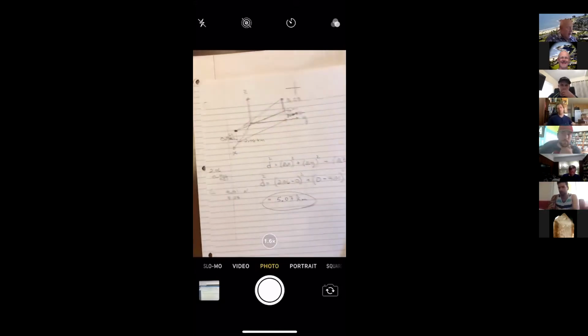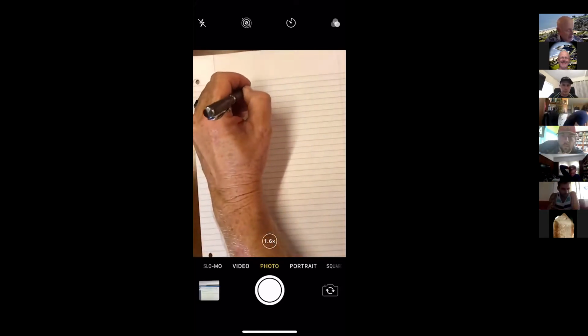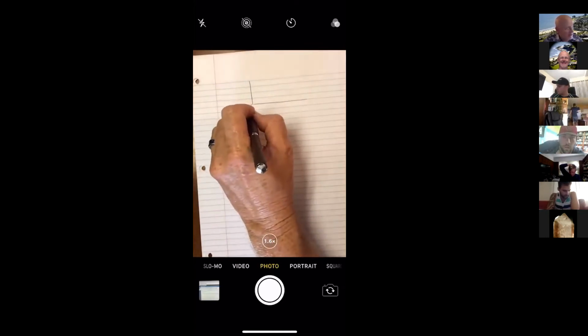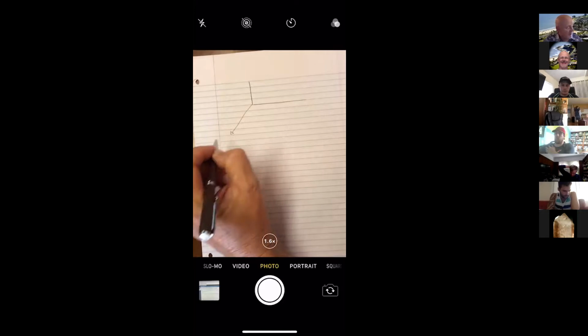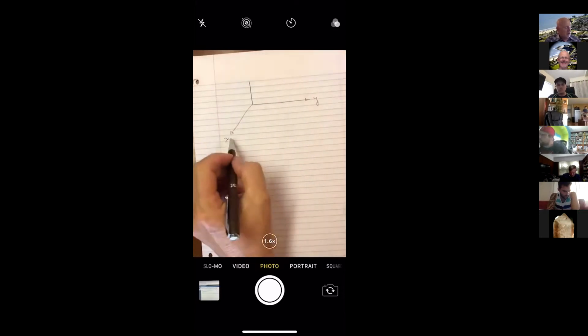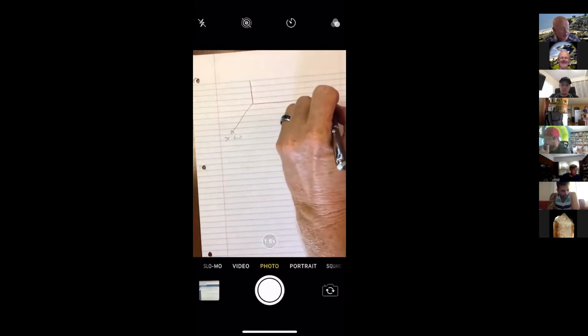Maybe I should just draw it again because it's kind of neat to see it. Let me do this because you got to really visualize this. So this is the x-axis coming out. This is the y-axis. Traditionally we call the x-axis east, and traditionally we call the y-axis north.